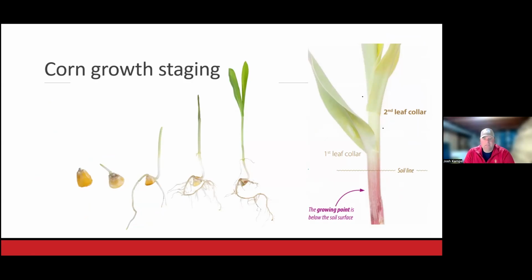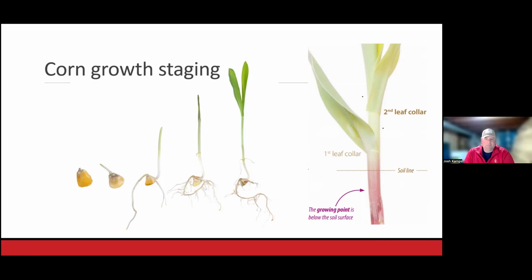To have a growth stage further than you had last time, you need to have that entire leaf collar, right? So you can see that on this corn plant on the right-hand side, where that first true leaf comes down to the stem, it forms that full collar around the stem. And you can see that on the second leaf as well, second leaf collar.